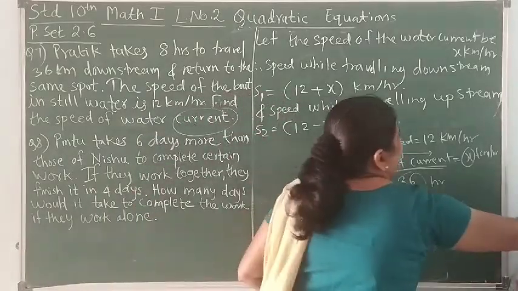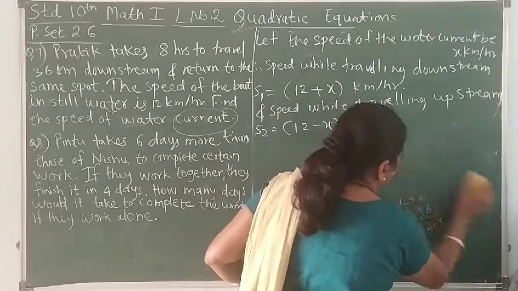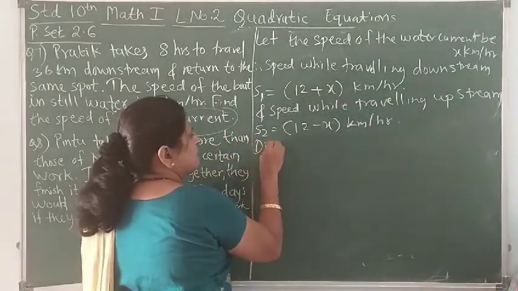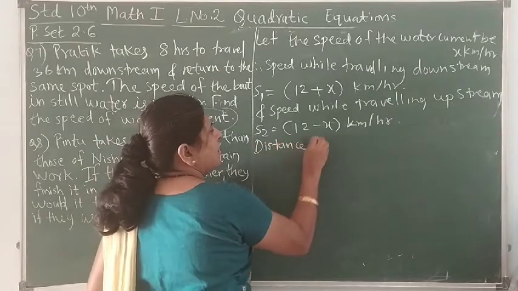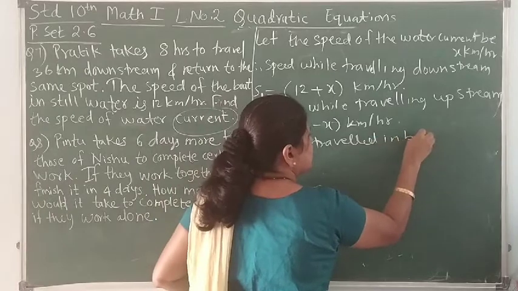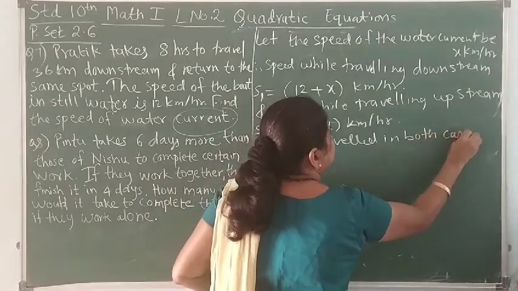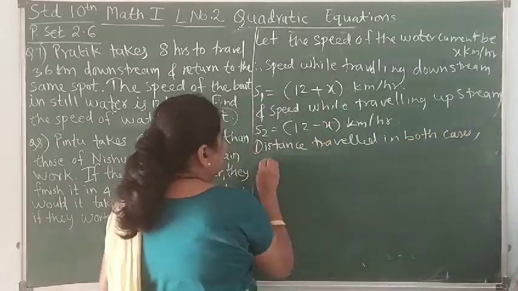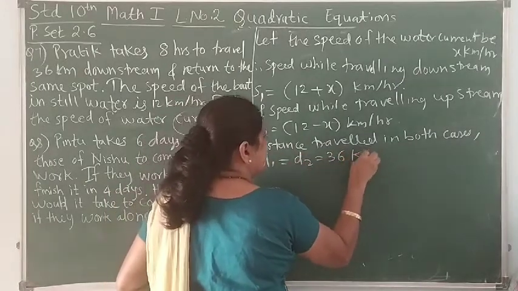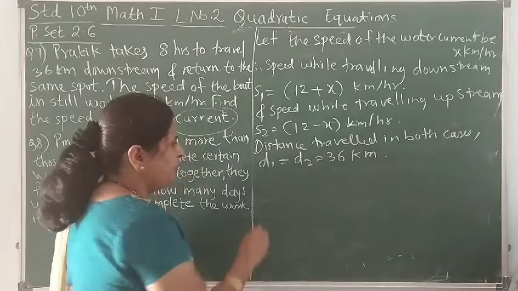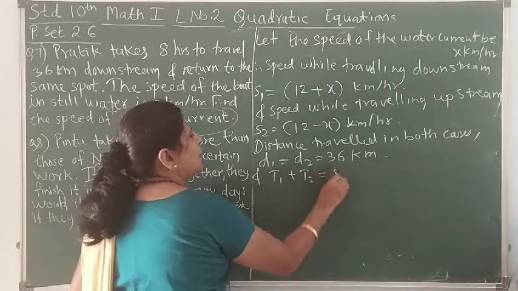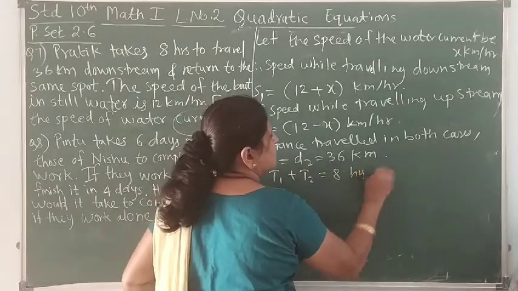Now the distance traveled in both cases, upstream and downstream, D1 and D2, is 36 kilometers. And it's given that T1 plus T2 is equal to 8 hours.